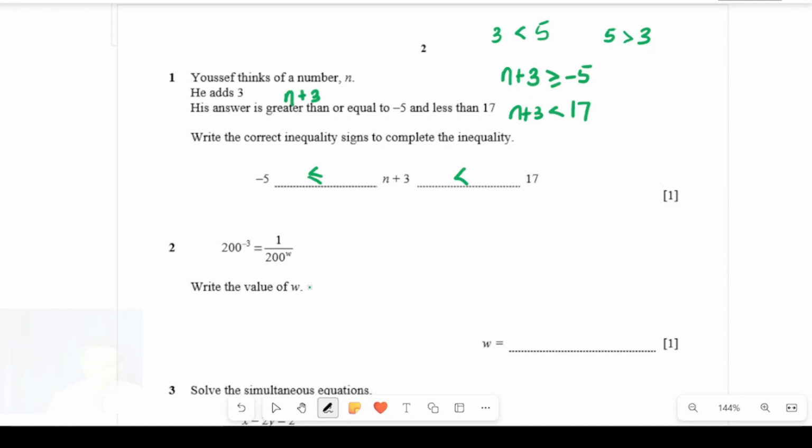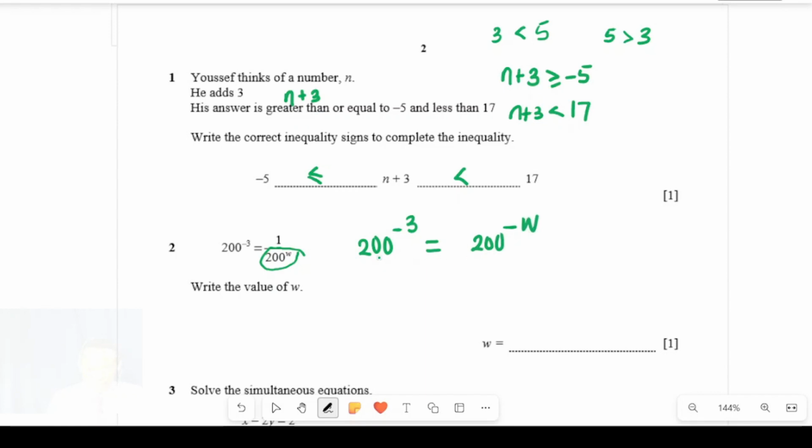Then the second one is question 2, find the value of w. So what we need to do, write this left hand side, take this one to the numerator as an indices. So you have 200 raised to power negative 3 is equal to 200 raised to power negative w.